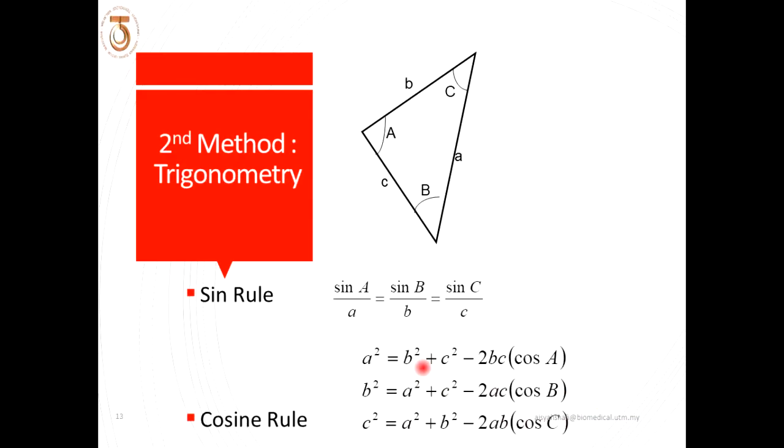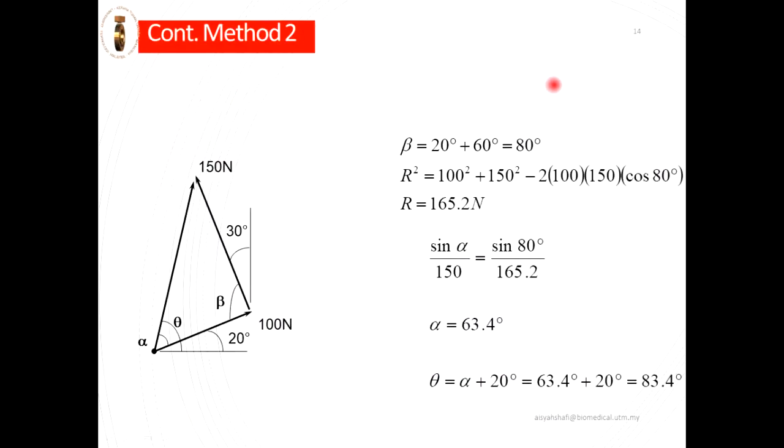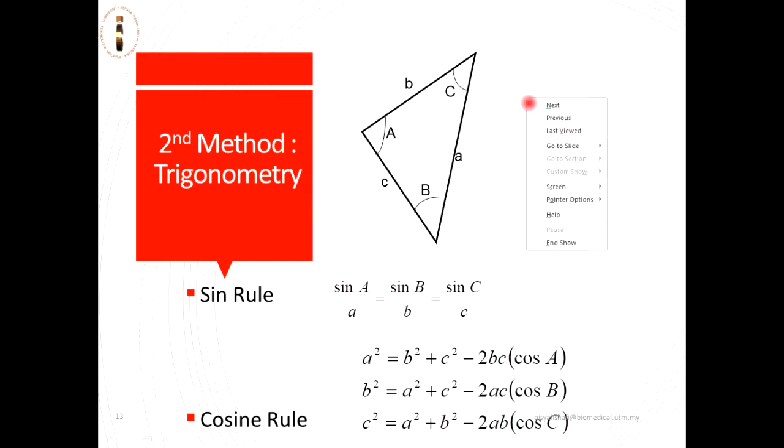Okay, the second method is using trigonometry. Trigonometry is by using Lami's theorem. So previously the graphical method used the triangle law. This trigonometry method is based on Lami's theorem.